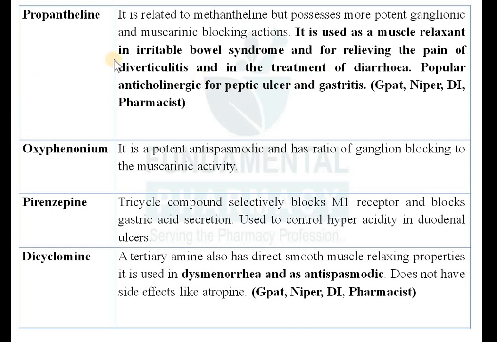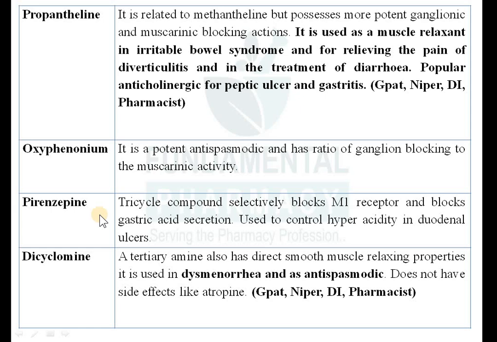Remember, it is used to treat the spasm associated with irritable bowel syndrome. Then it is used in relieving the pain of diverticulitis. I don't know what that is either. Okay. Then treatment of diarrhea. Then it is popular as an anti-secretory agent, for its anti-secretory property in peptic ulcer and gastritis.